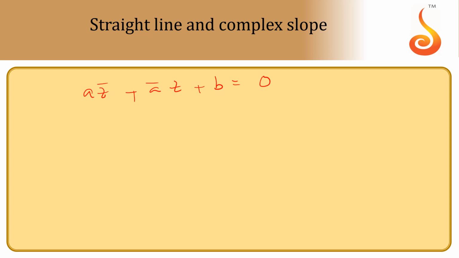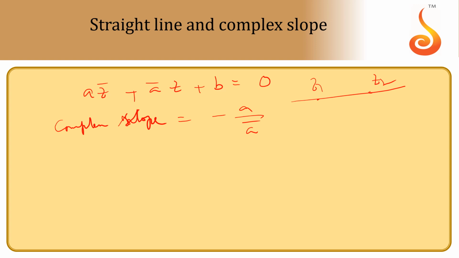And complex slope is defined as minus a by a bar. So you can understand this like this. Suppose z1 and z2 are 2 points.